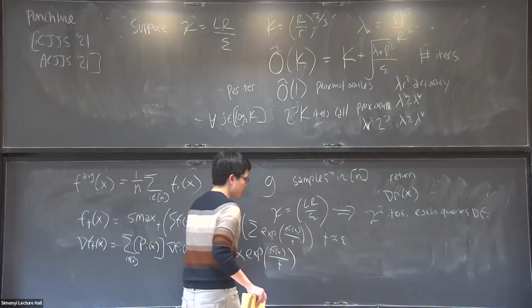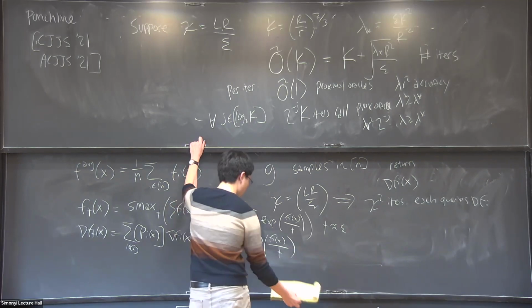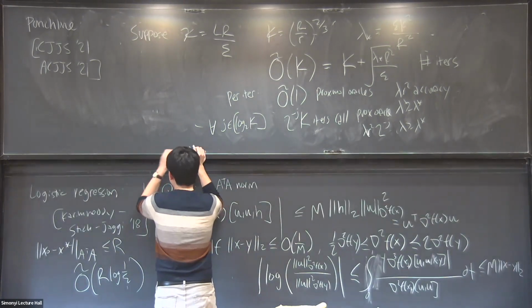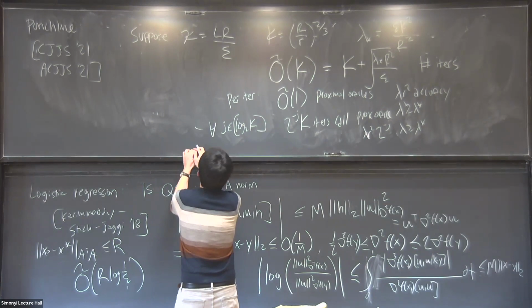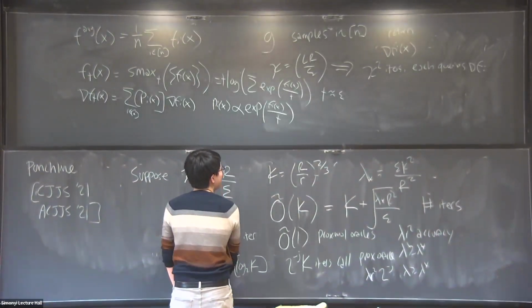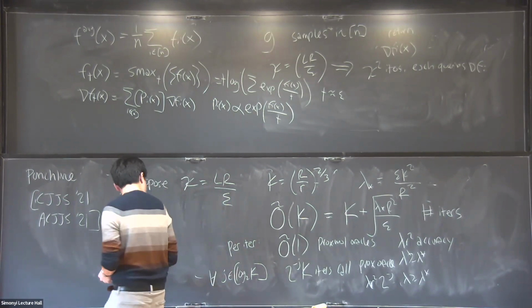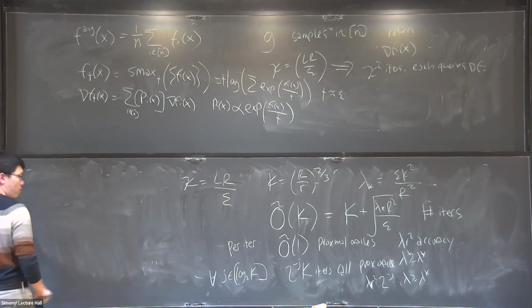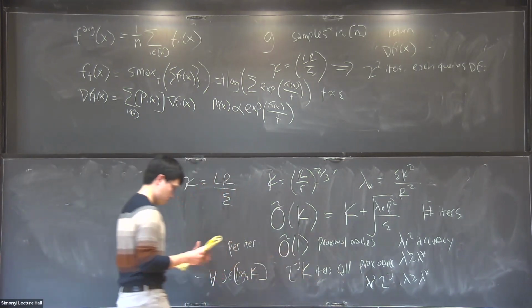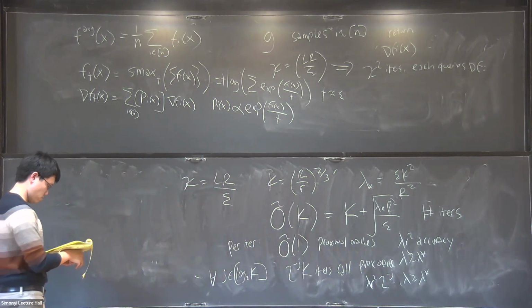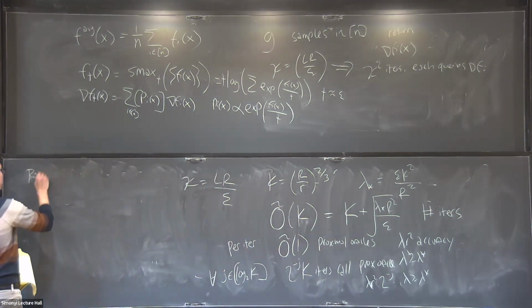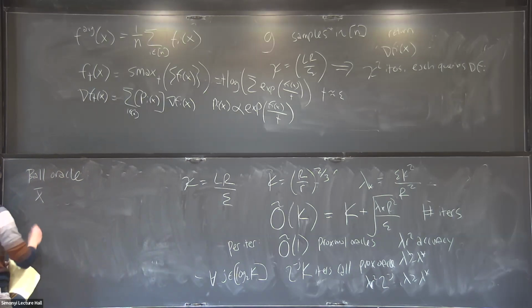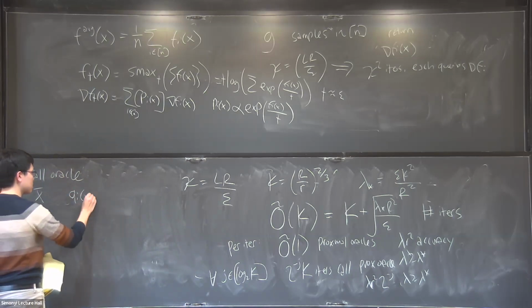So here is the actual algorithm that goes with this. So how do you implement a ball oracle? For a center point x bar, define qi to be pi of x bar.